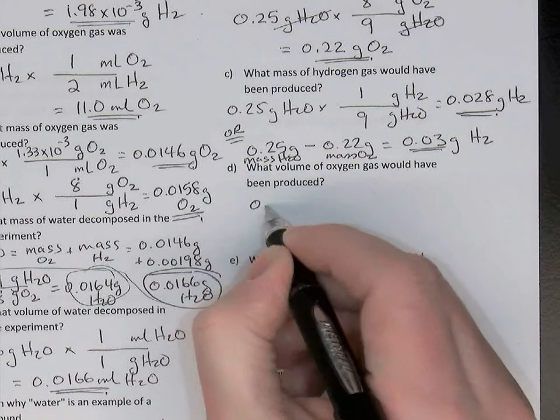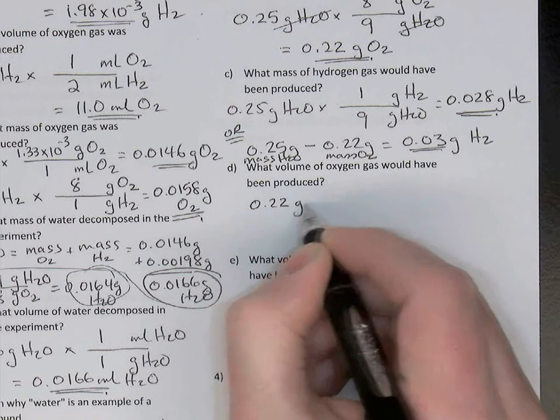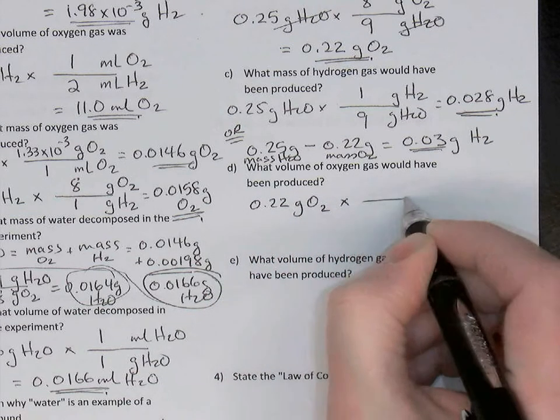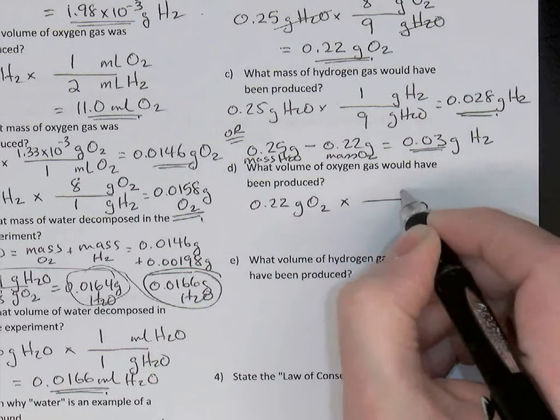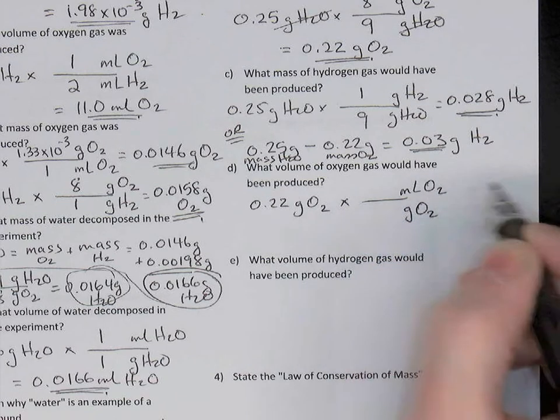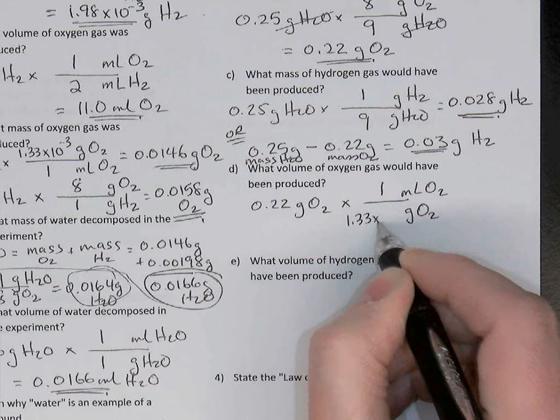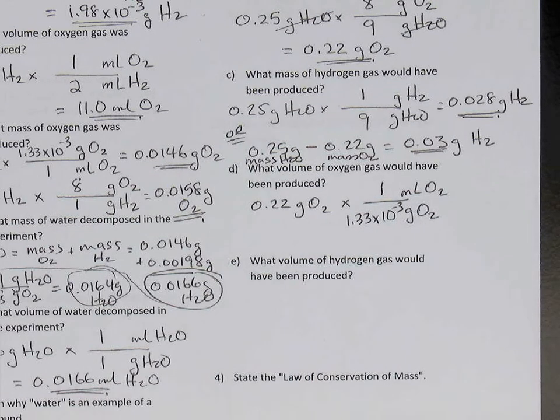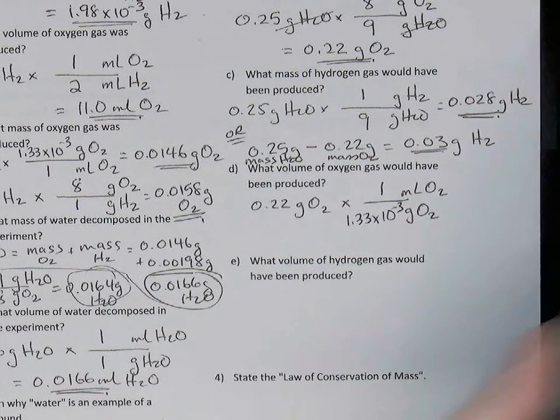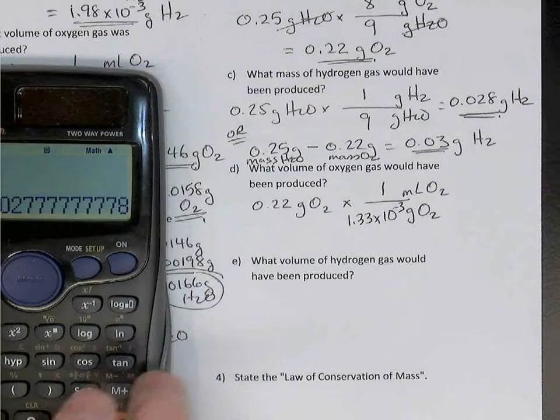We'll take the mass of the oxygen, 0.22 grams of oxygen, get rid of the grams of oxygen, and switch to milliliters of oxygen. 1 milliliter is 1.33 times 10 to the minus 3 grams, and that's the density from our solubility chart on the back.